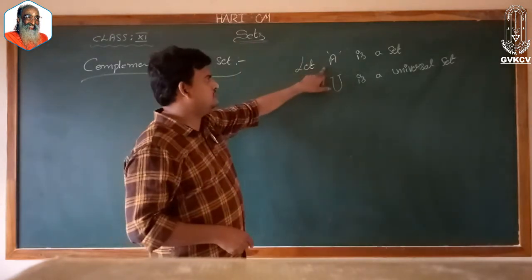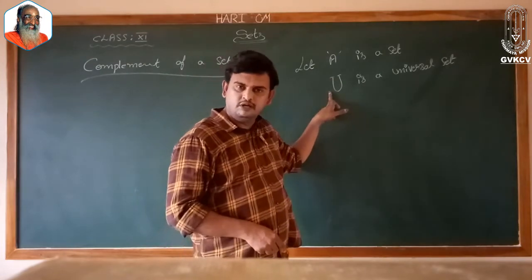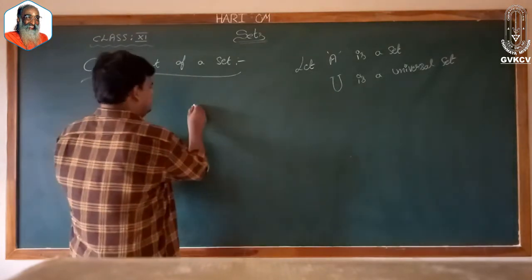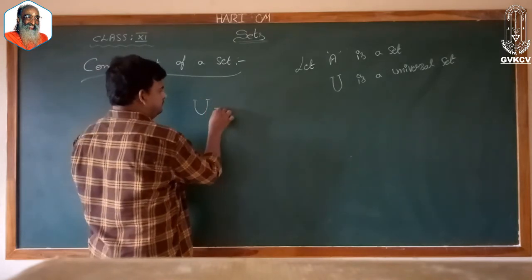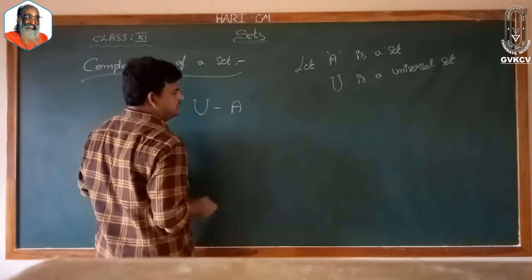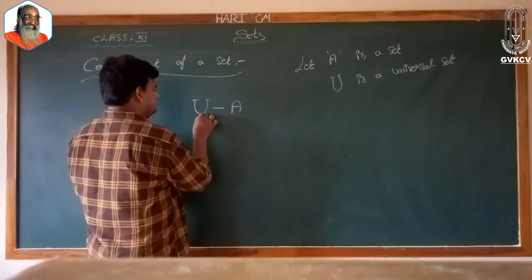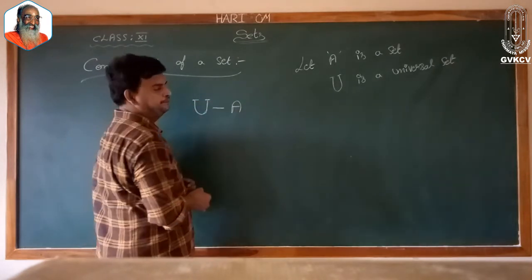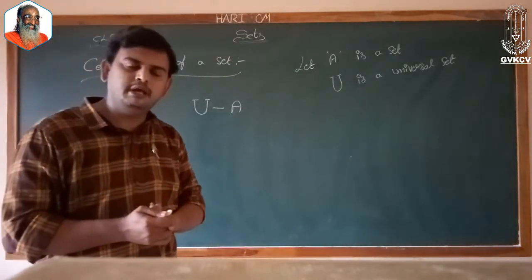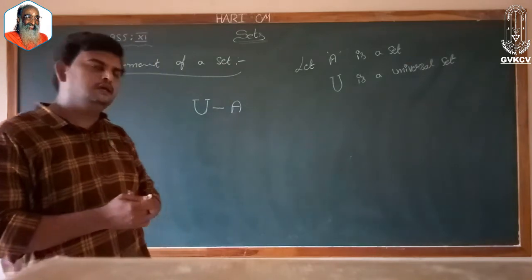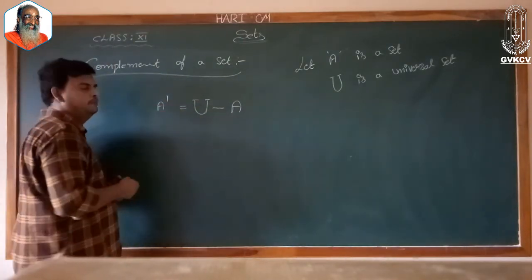So, when there is set A and a universal set, from the universal set we eliminate set A, which is called the complement.